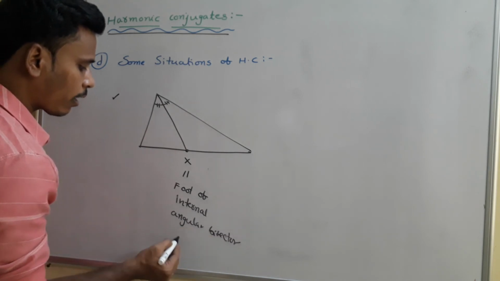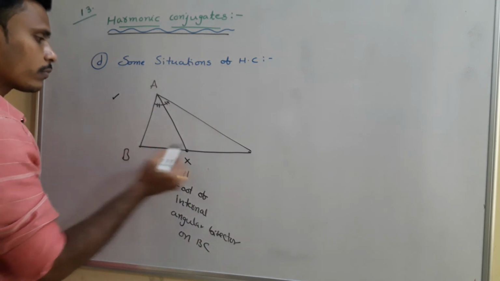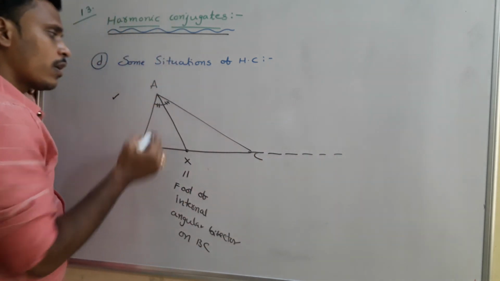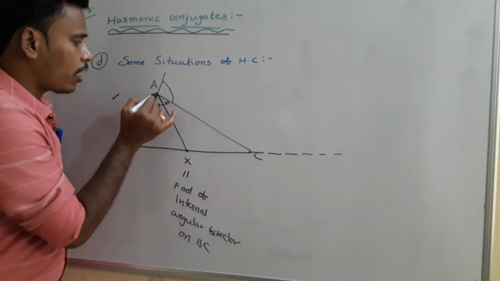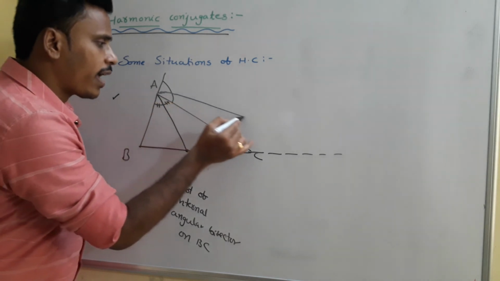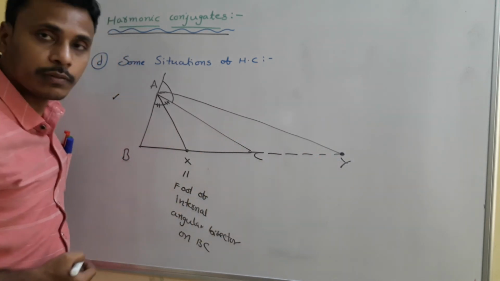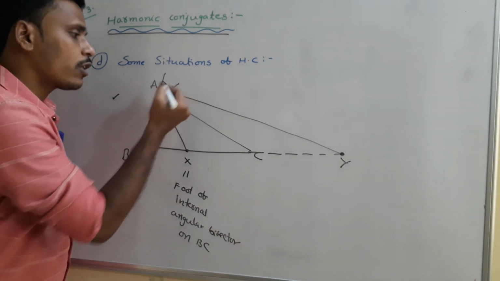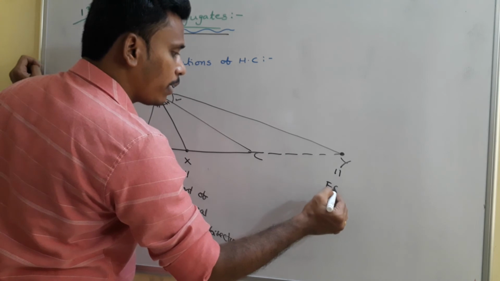In the same way, after extending this line, you get the external angle bisector. It will meet somewhere at Y in the extension of BC, and these two angles are also the same. This Y is known as the foot of the external angle bisector.